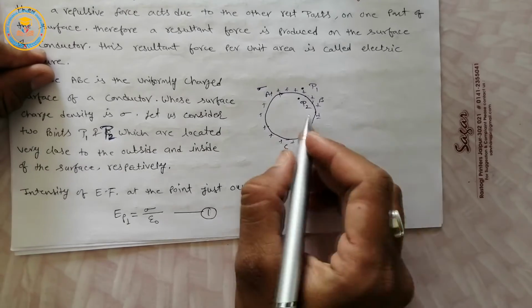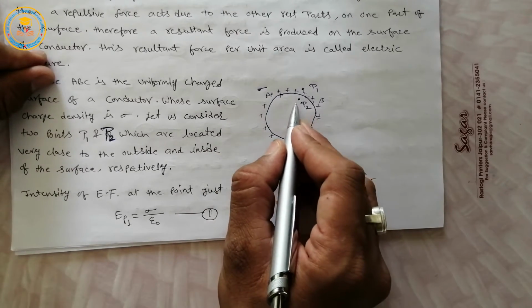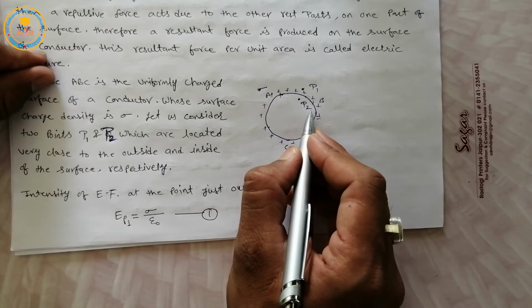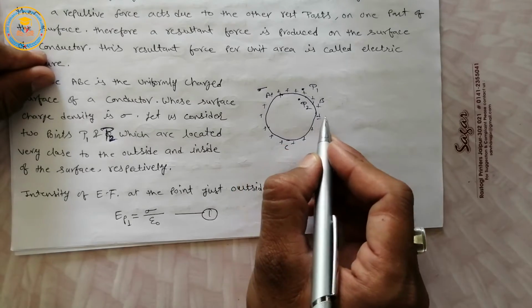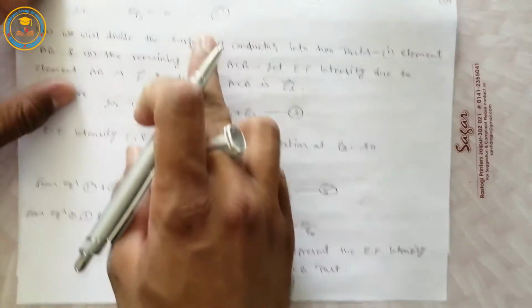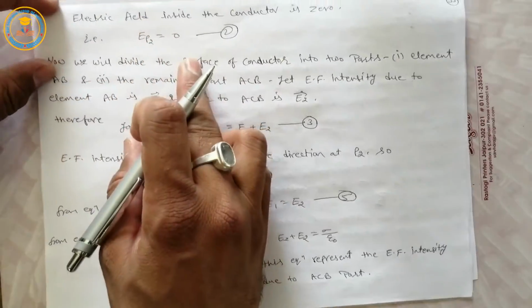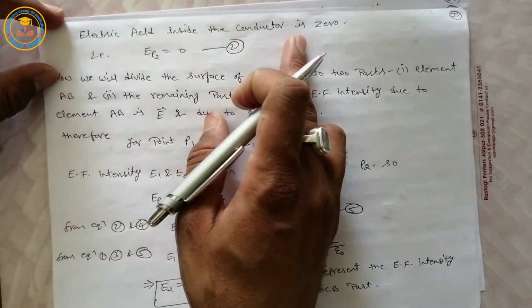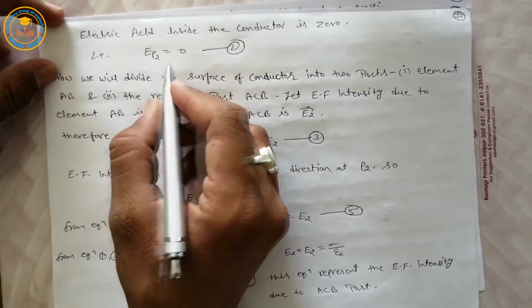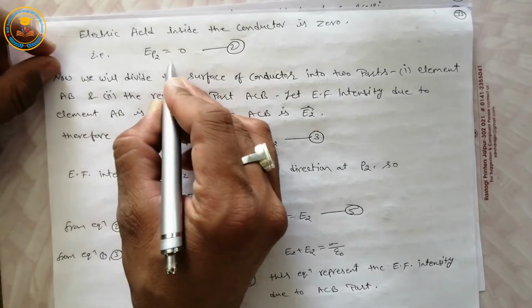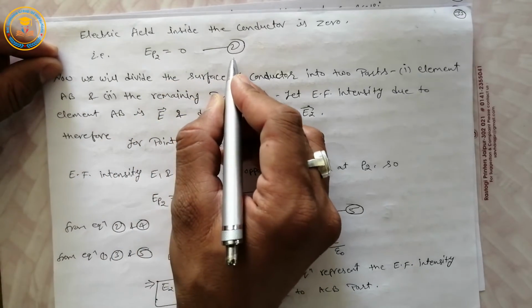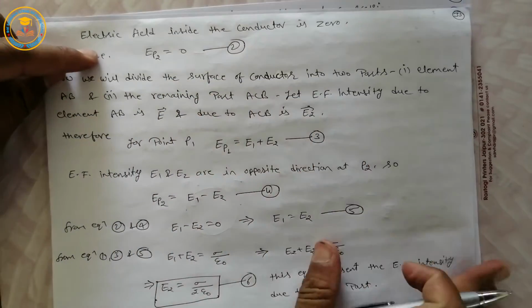So the electric field intensity at point P2, denoted by E_P2, is equal to 0. The electric field intensity inside the conductor is 0, that is, at point P2, E_P2 is equal to 0.